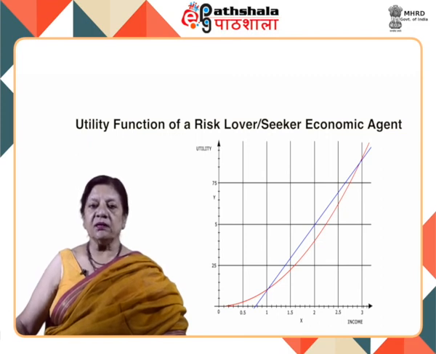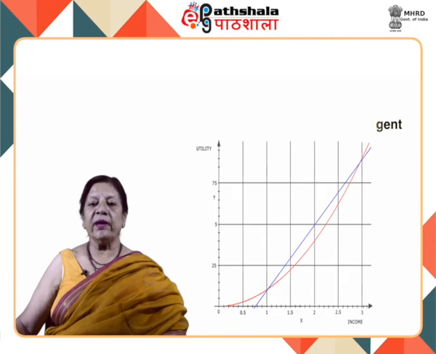The risk seeker would be prepared to pay up to 0.236 units of income in order to participate in this risky proposition. This explains why economic agents like to gamble in various ways.